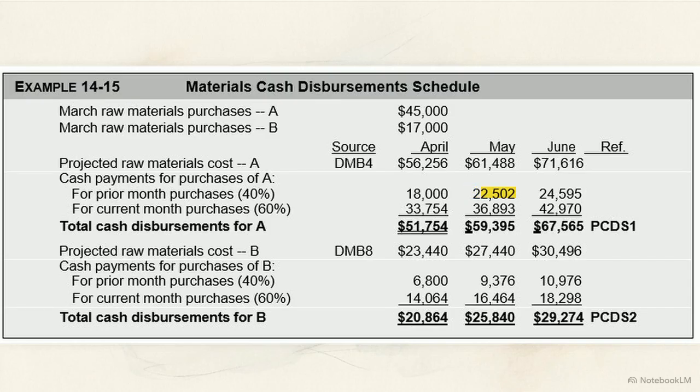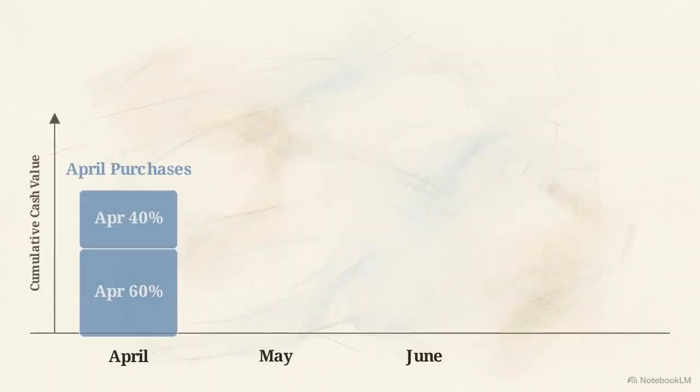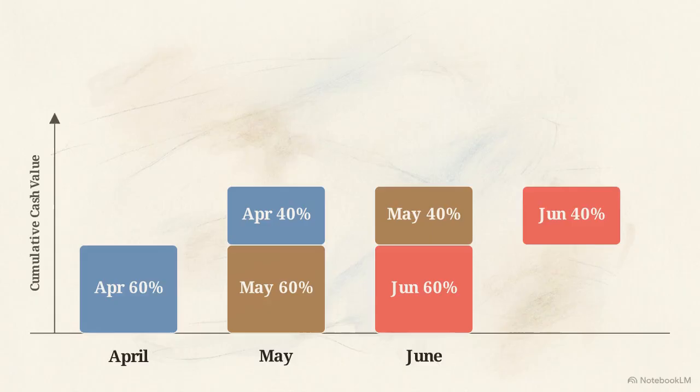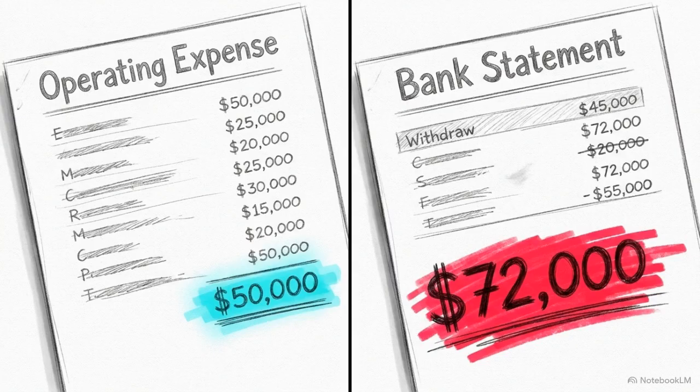At the same time, the 40% unpaid balance from the prior month's purchases, made in March, creates an $18,000 cash obligation that drops directly into April's column. This split payment schedule creates an overlapping cascade of obligations. It proves mathematically that a single month's operating expense is rarely equal to that month's required cash outlay.